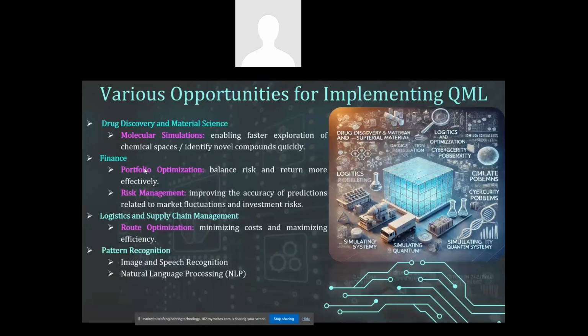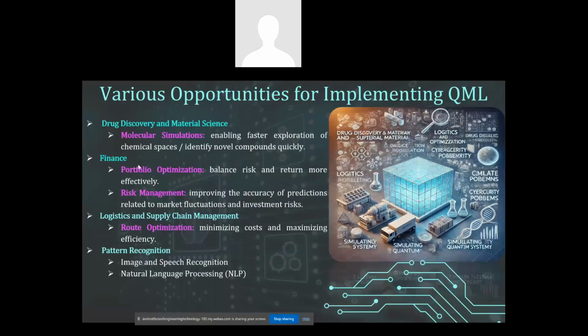So we can utilize it in the stock market also. Based on a particular industry, we have a lot more data to process. Based on that past data, quantum machine learning is able to predict the future of this particular company, right? So that is one more major advantage, right?